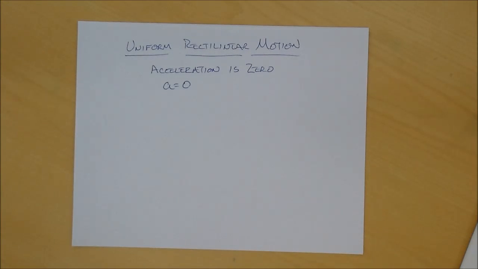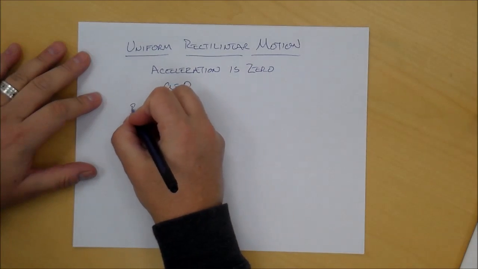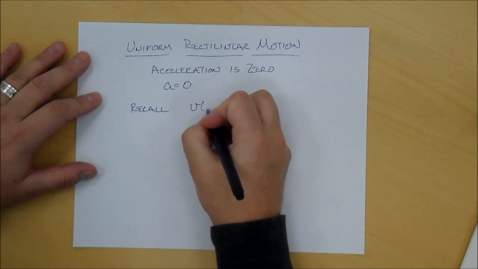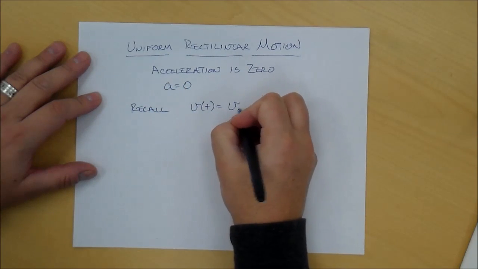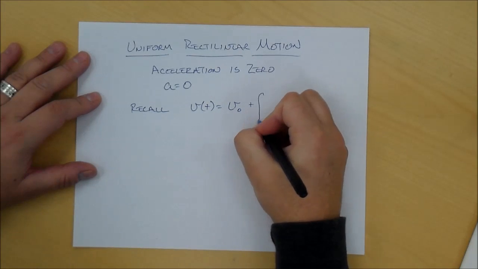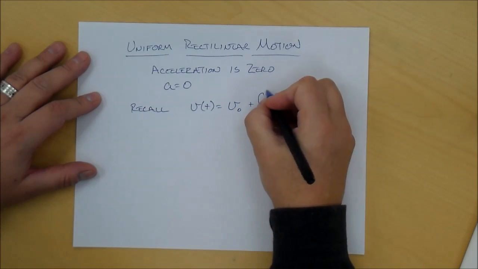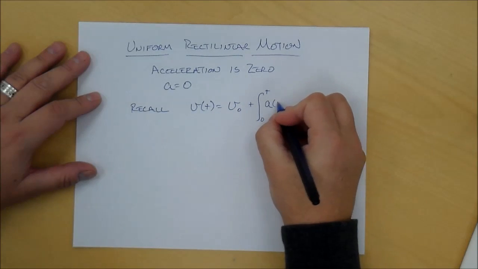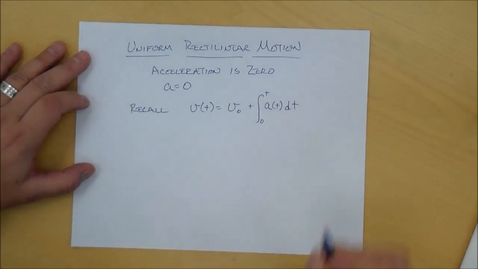Well, you'll remember where we finished up last time that given information about acceleration, we can find the velocity. And what we found is that the velocity as a function of time is equal to the initial velocity plus the integral over the time interval of the acceleration as a function of time dt.